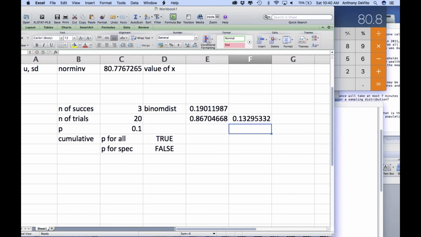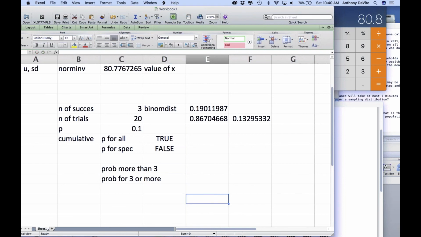Okay, this can get a little tricky. For instance, if I ask you, what's the probability for getting more than 3? Well, that's 4, 5, 6, it doesn't include 3, right? We've done that already. So we used binom dist 3, 20, 0.1 to get, and subtracted from 1 to get the probability for more than 3. What if I had rephrased that and said, what's the probability for 3 or more?